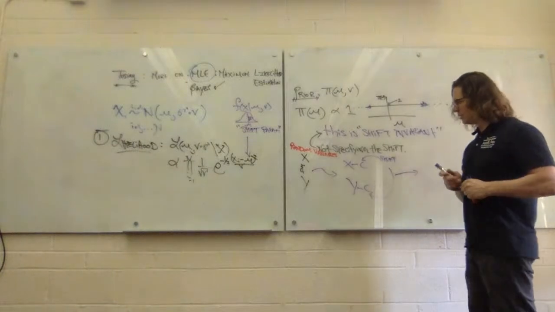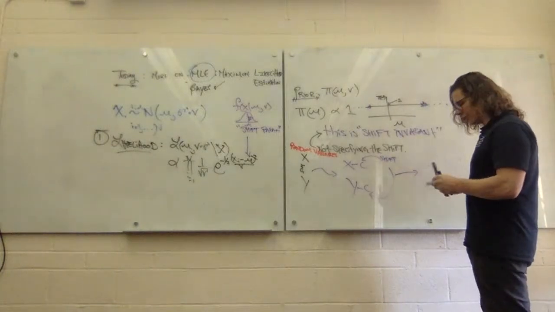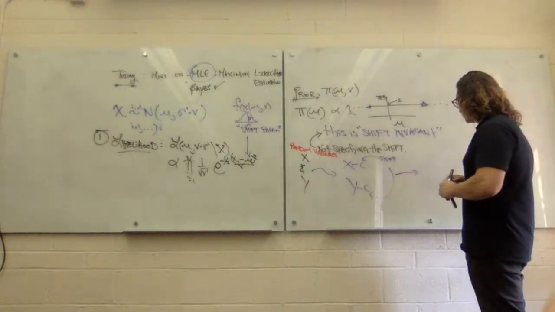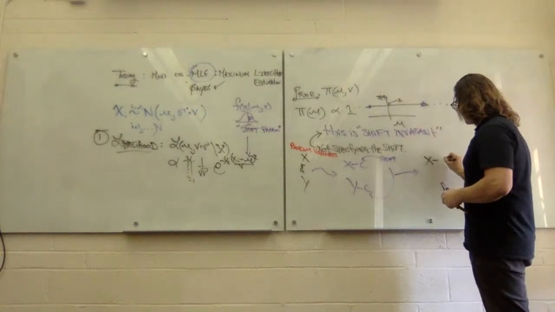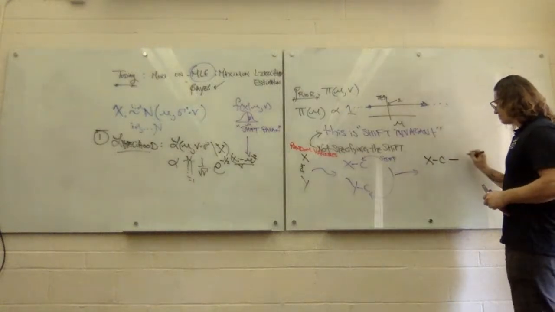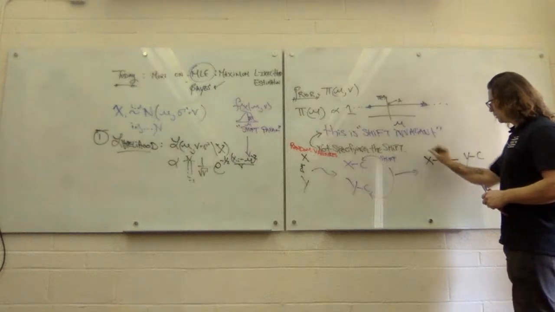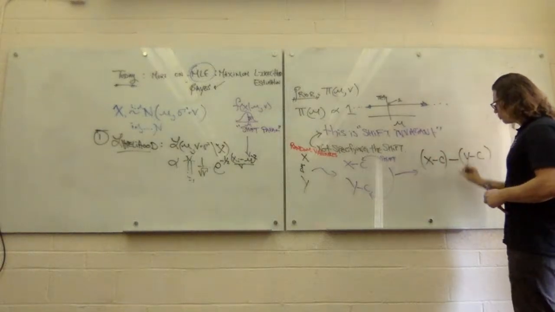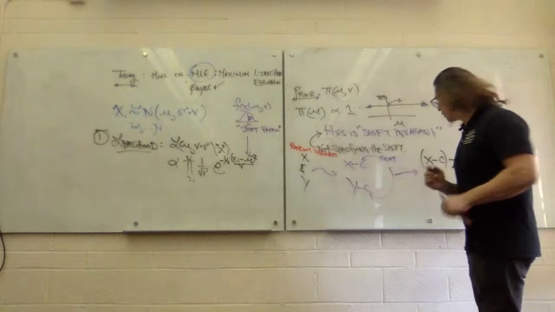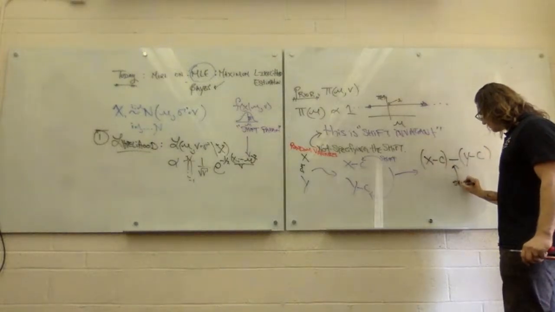And then let's just subtract these two things from each other. Consider this: X minus C minus Y minus C. You might ask, why did I do that? Right here, this is the shift operator.